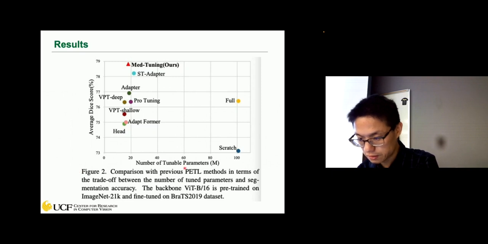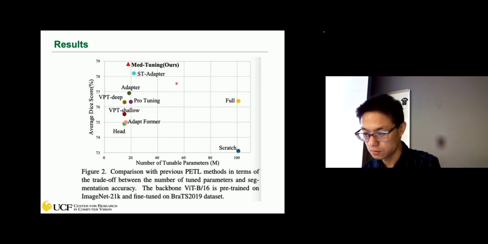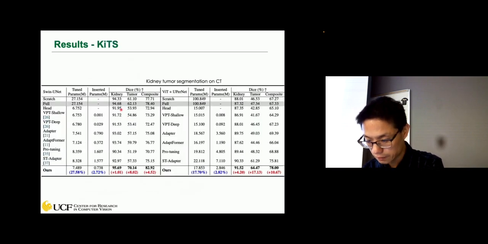And this is another graphic view, trying to compare the tunable parameters and the accuracy, right? Our method, this meta-tuning, has comparable tunable parameters as compared to some other efficient ones like VPT, but we are able to have better performance than the other efficient fine-tuning methods.